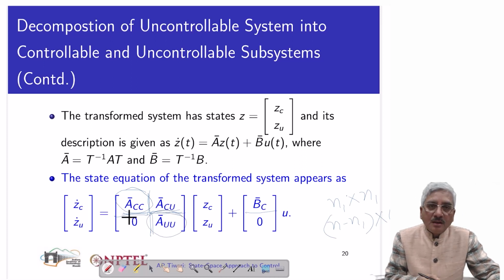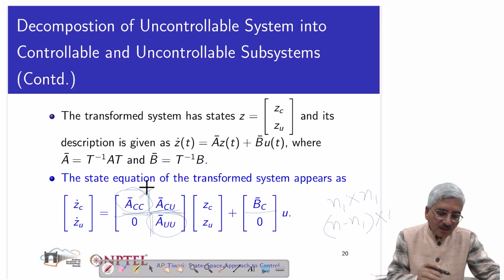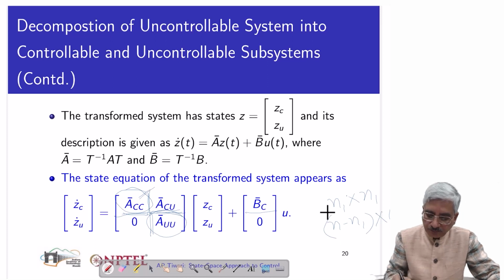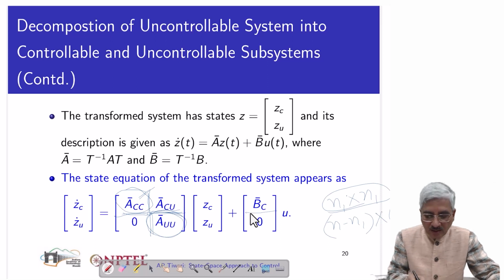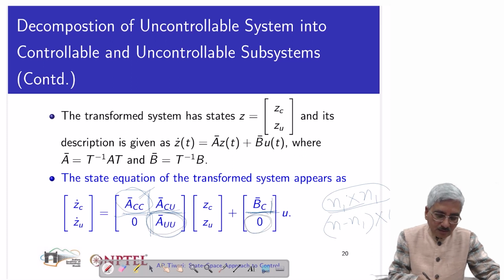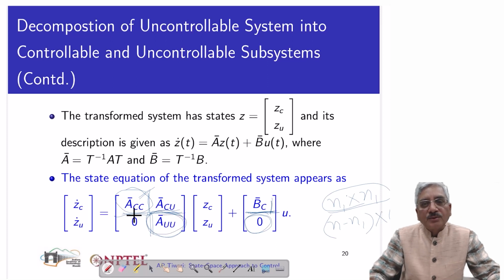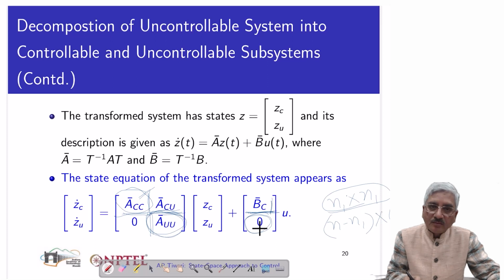So this part is the controllable part, and this part is the uncontrollable part. The controllable part has the dimension n1, and the uncontrollable part has the dimension n minus n1, which was required to be done. And this BC bar is non-zero, but the remaining part, corresponding to this uncontrollable subsystem, is 0.